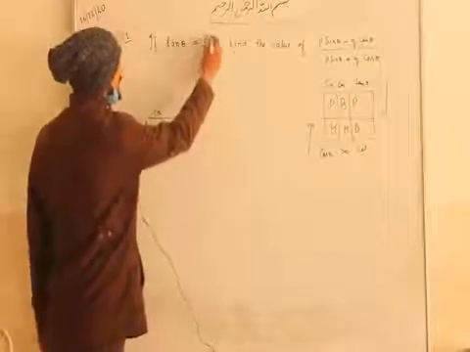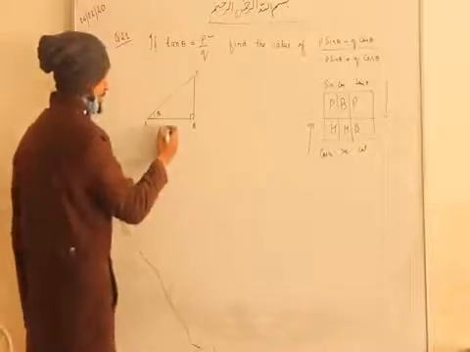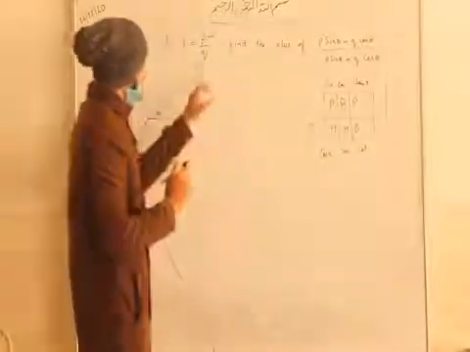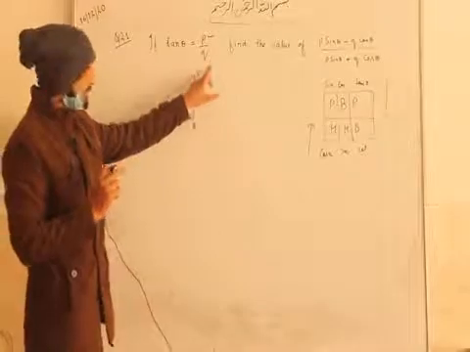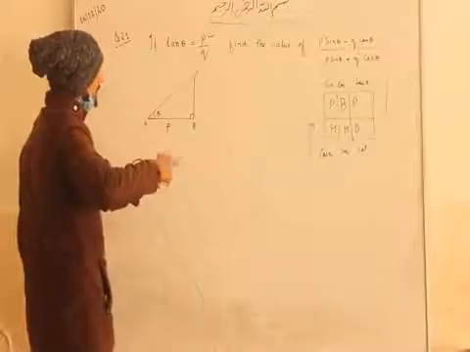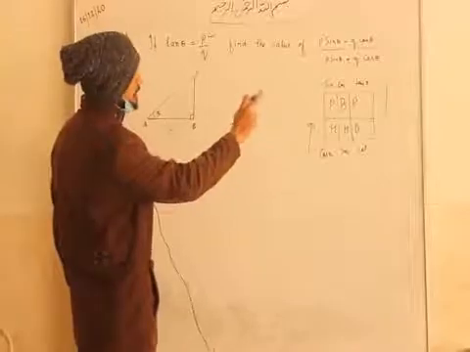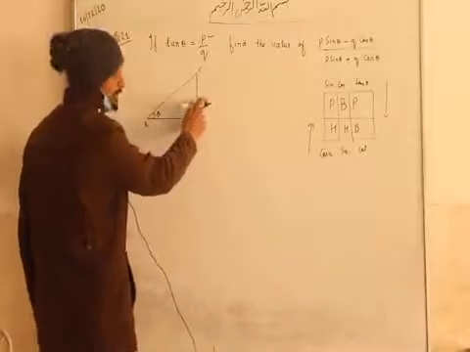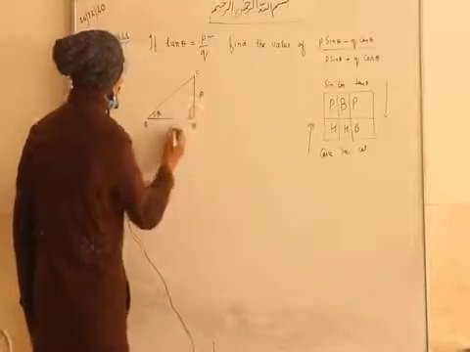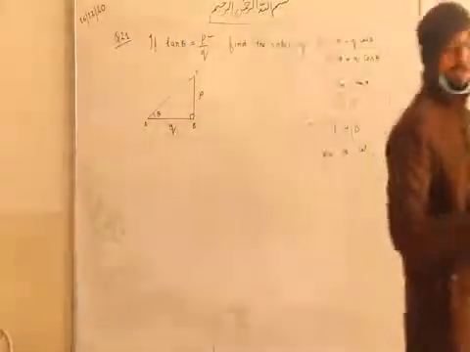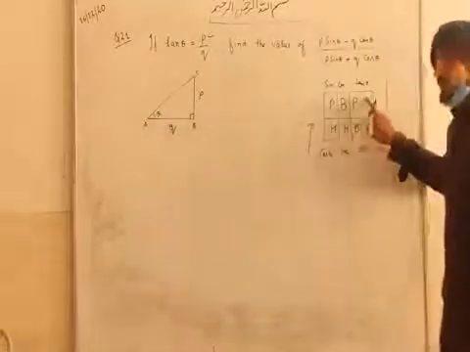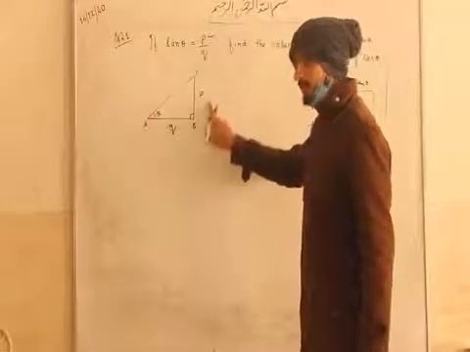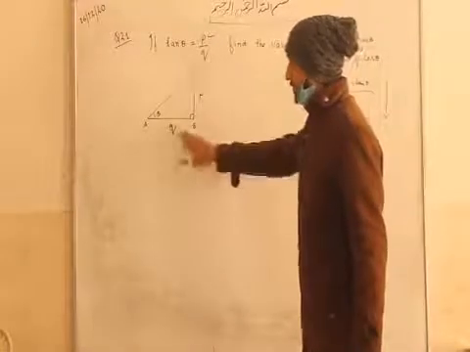So the value of base is Q here, and this is the perpendicular, so this is P and this is Q. Okay, first of all we have written the given values. Tan theta is P upon Q, so this is the value of the perpendicular, and this is the value of the base. So base we have written here.